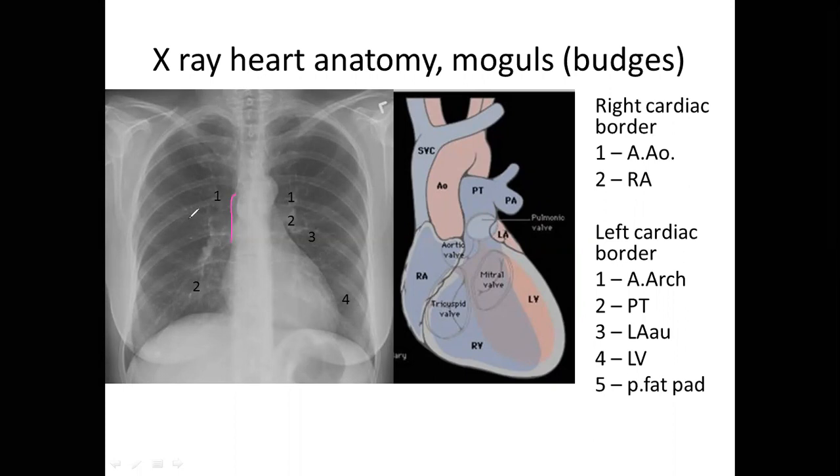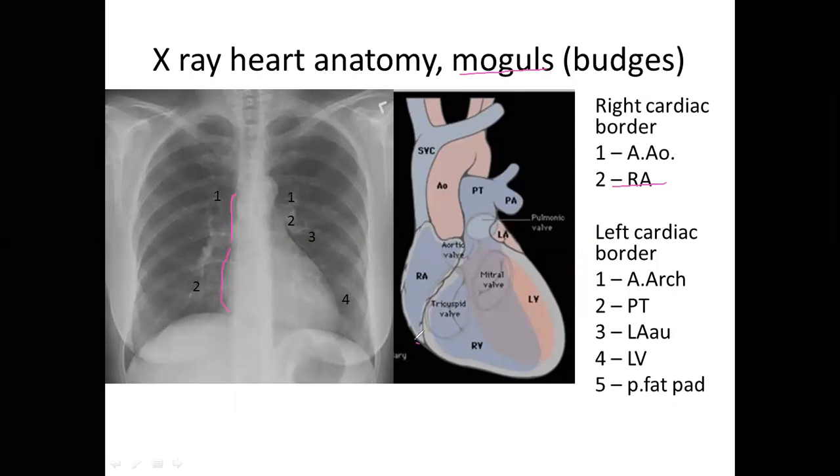Sometimes we have two arches or two bulges or mogules. This is the symptom, either or. In the literature, I think you will find this definition more often. Some authors say that there are two bulges, some others say that this is one bulge. So here, number 2, look right there, is the right atrium.